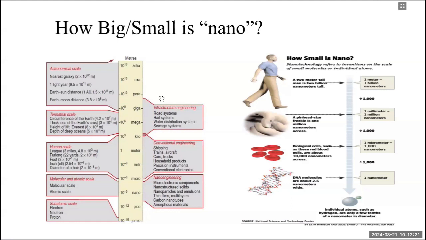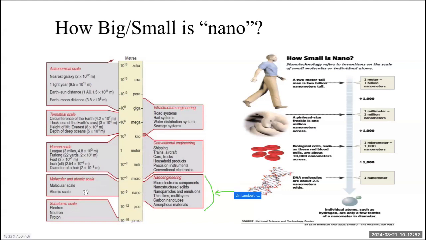But even if you go a little bit smaller, your hair is just 2 micrometers in diameter. What is this 2 micrometer? It is actually 2000 nanometers. You can imagine our hair is 2000 nanometers. So we are just going down and getting smaller and smaller.